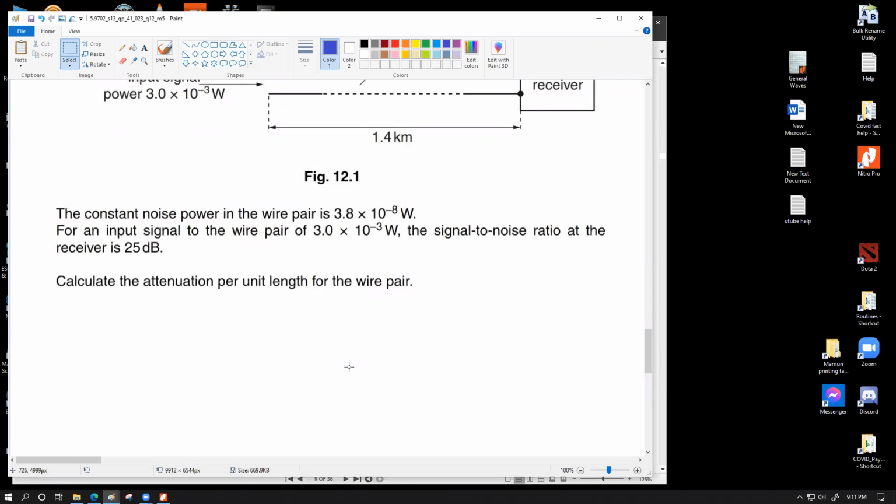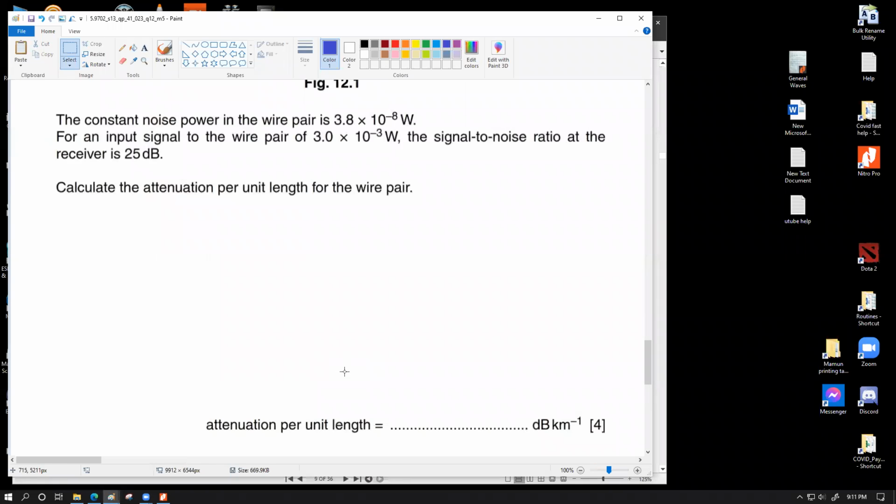So, first thing first. Signal to noise ratio is 25 decibel.